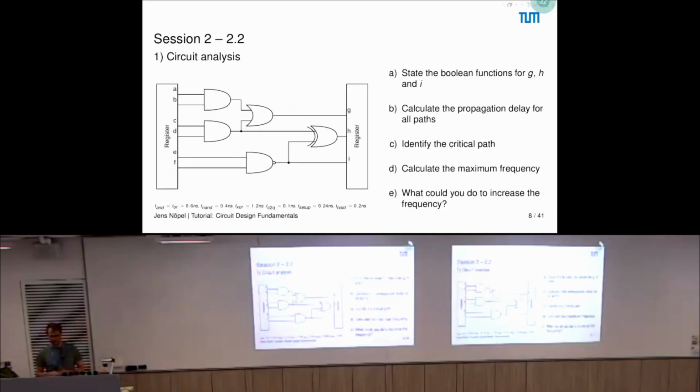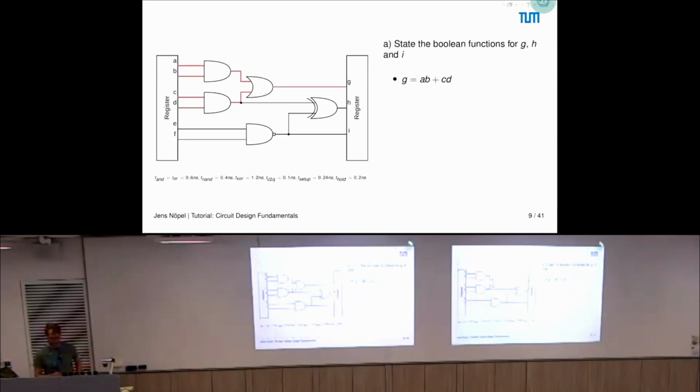We had a first glimpse at this register stage. So we have 2 registers, some combinatorial logic in between, and we already retrieved some logic functions for G, H, and I, and started to calculate the propagation delay for each of those paths.